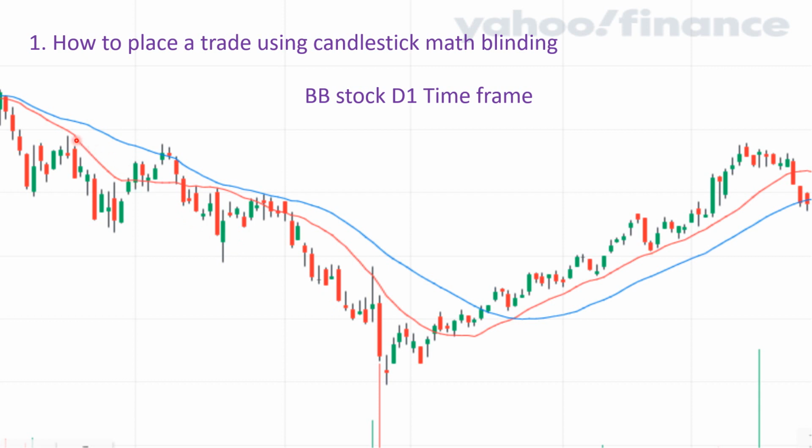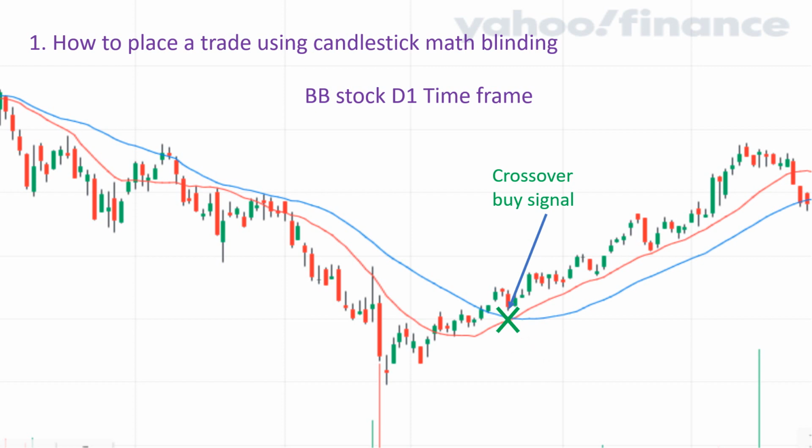Here, when the fast moving average, the SMA 15, crosses the slow moving average, SMA 30, while going upward, it generates a crossover buy signal. So here you can enter the trade and put your stop loss below the crossover.